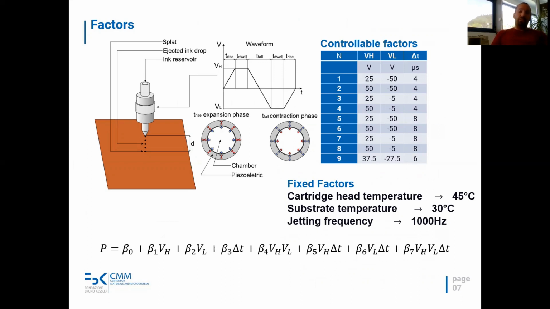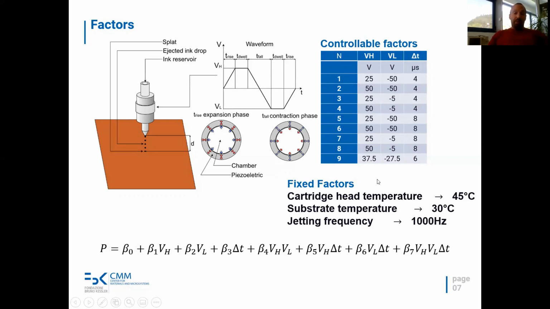We basically decided to only modify the waveform of the piezoelectric to see its effects on the drop. So we modified the high voltage, the low voltage, and the time interval. We maintained the time interval equal for all the phases.